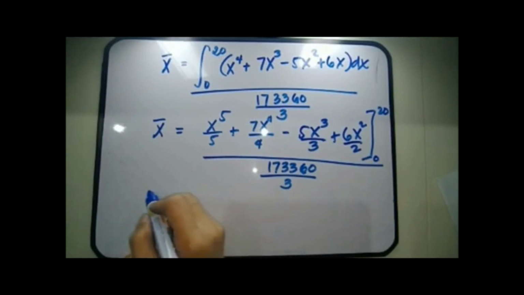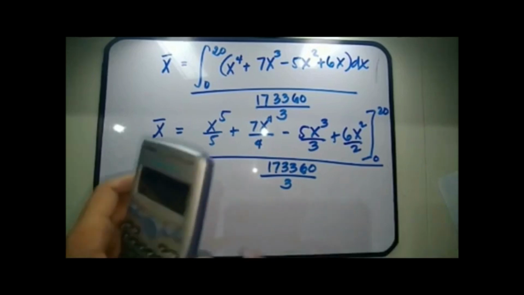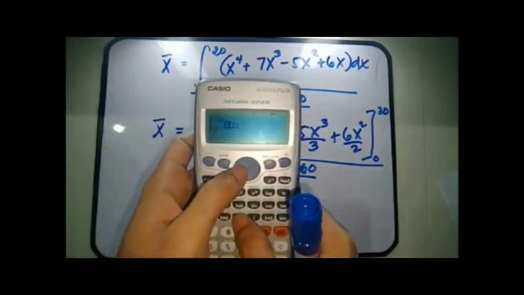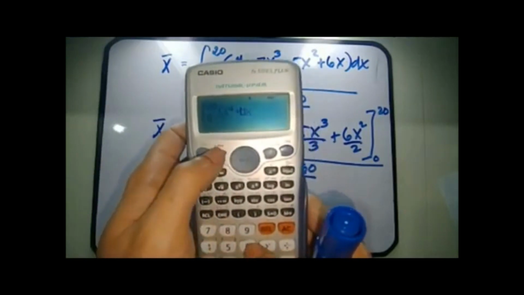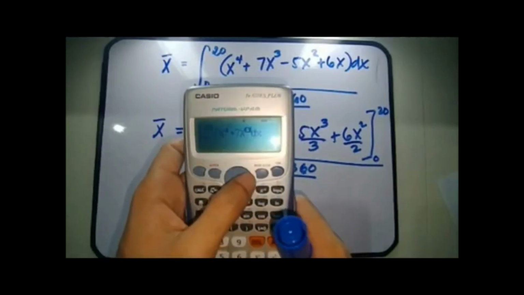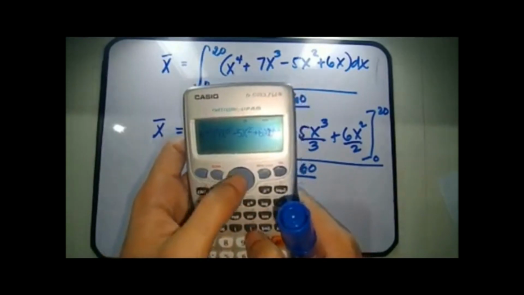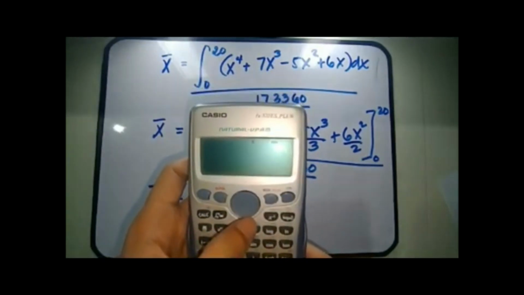Malapit na tayo sa katotohanan, guys. So, ito na yung answer natin. So, integrate na lang natin siya directly. So, in the board exam, guys, no need to solve this using the manual method. So, input lang natin yung integral. Actually, pwede mo na siyang i-input actually directly to your calculator as long as ready na lahat yung mga parameters natin.